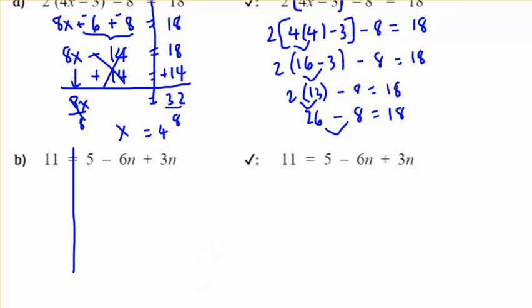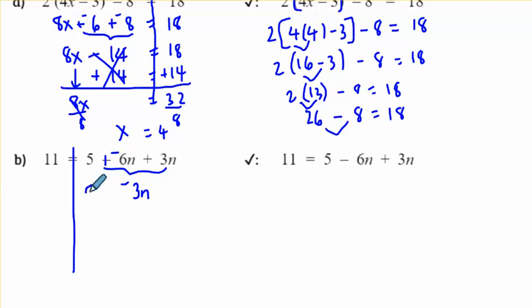So in order to do that, I want to leave change opposite just to remind myself that this is a negative 6n. So when I put these together, a negative 6n and a positive 3n, the signs are different. I subtract, and it keeps the sign of the quote-unquote larger number. So I'm left with a negative 3n.